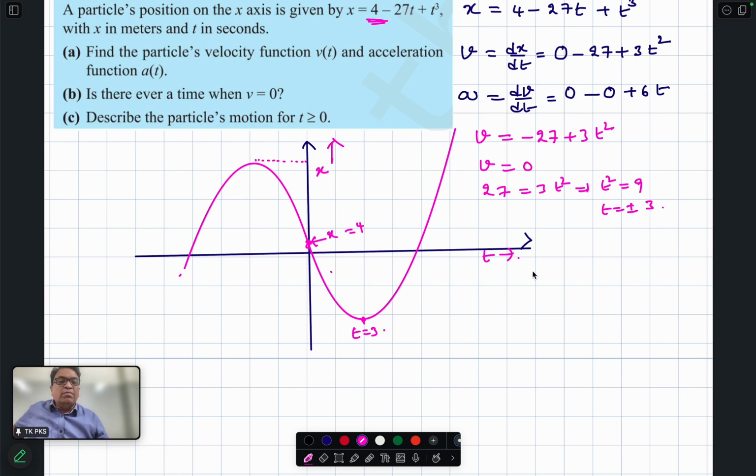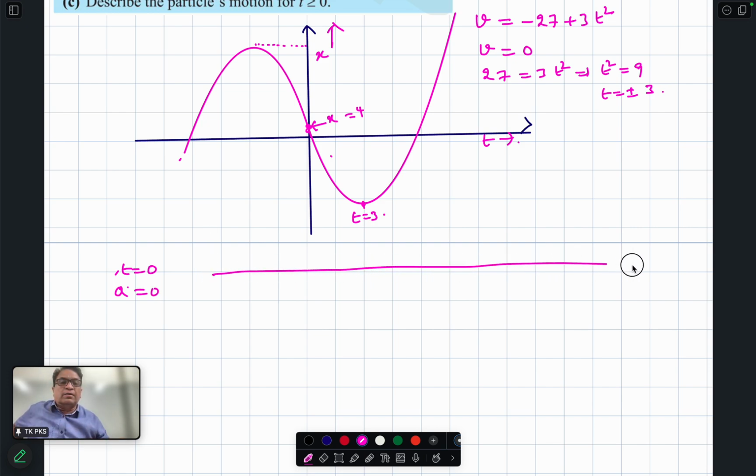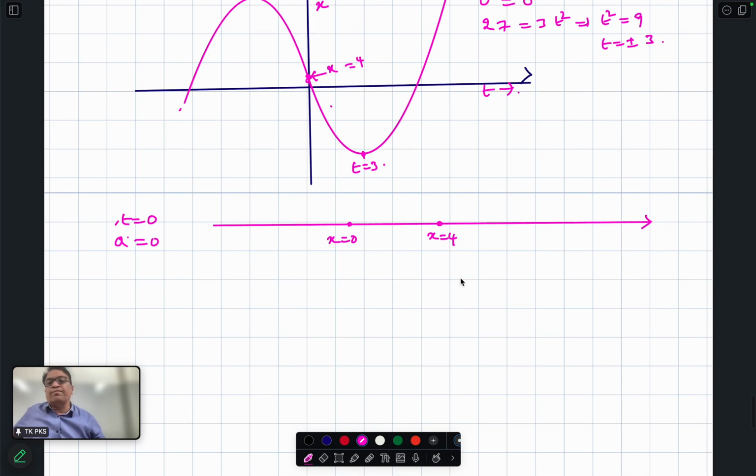But remember what is actually happening here. At t is equal to 0, of course acceleration is 0. The particle is at x is equal to 4. This is the picture at t is equal to 0. What is happening thereafter?